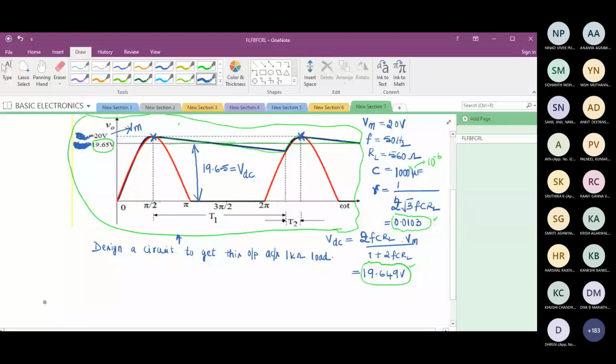So my appliance resistance is 1 kilo ohm. This is my load. And across the load, I want this ripple.